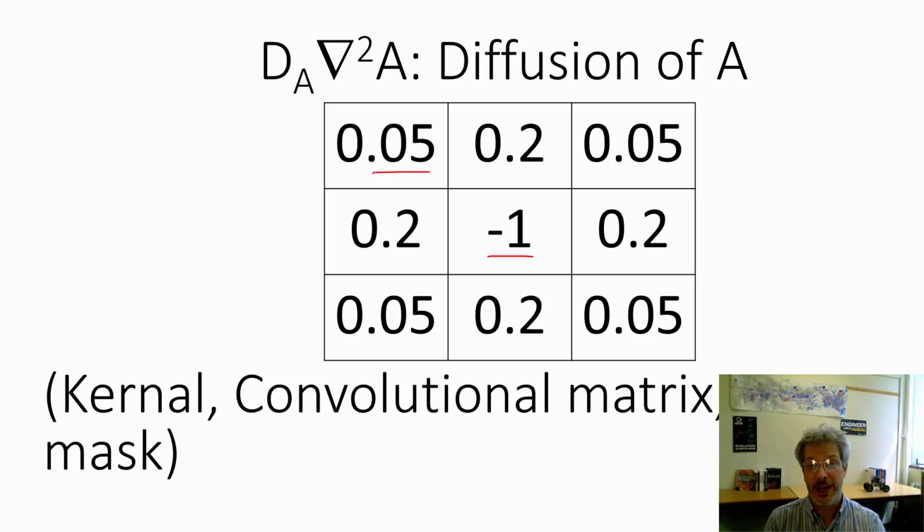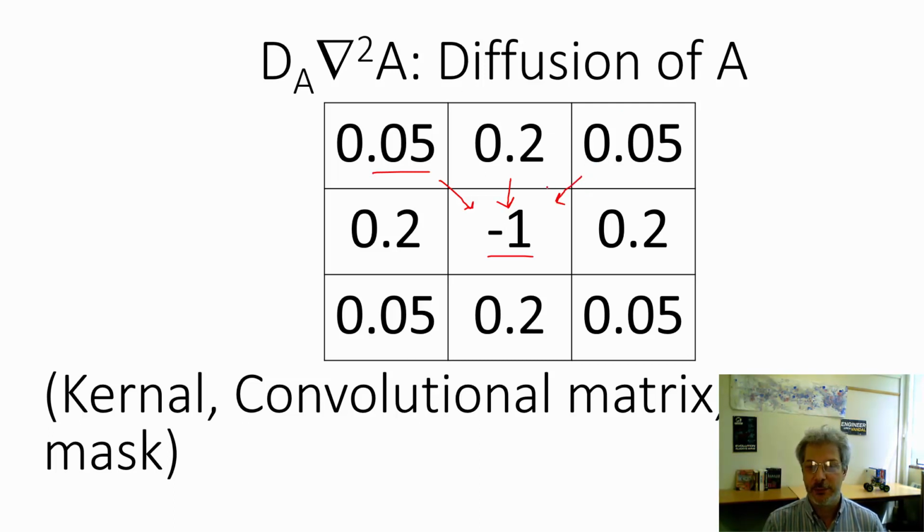Some of the chemicals from the neighboring cells come into the current cell. And the way that works is for the corner cells, 5% does. So whatever the concentration of A is in this cell, 5% of it is added to the center cell. Whatever the concentration is in this cell, 20% is added to the center cell. And that's symmetric all around.